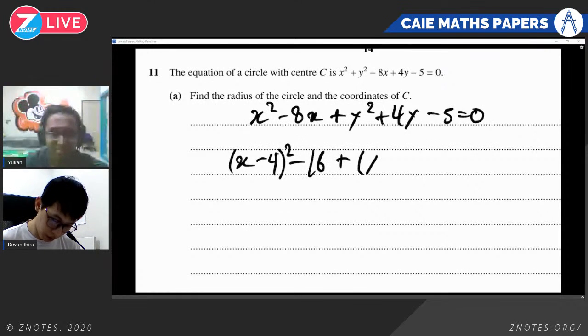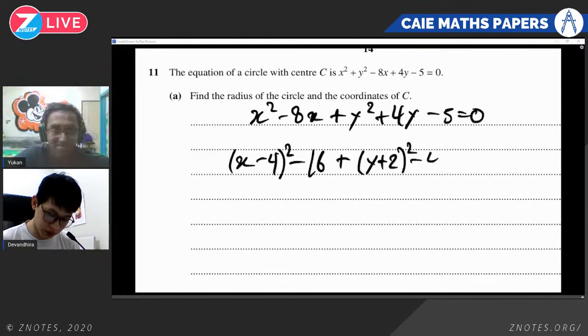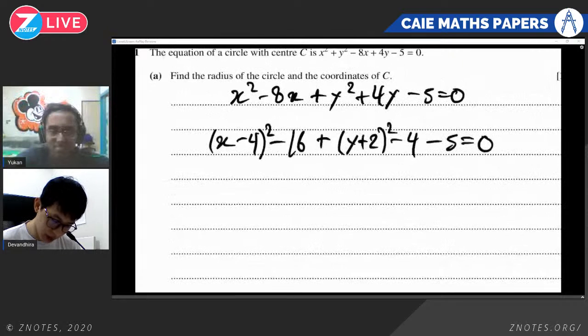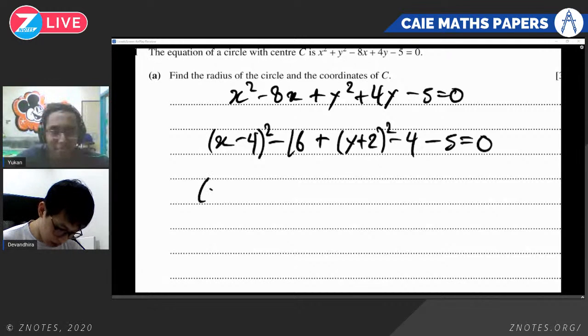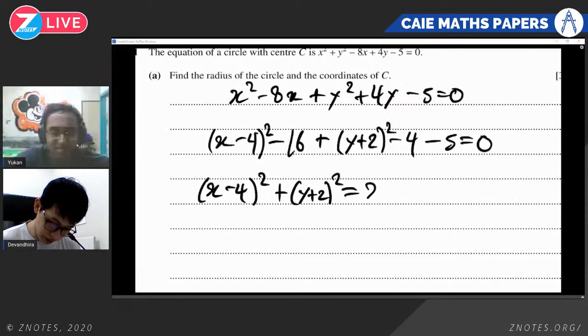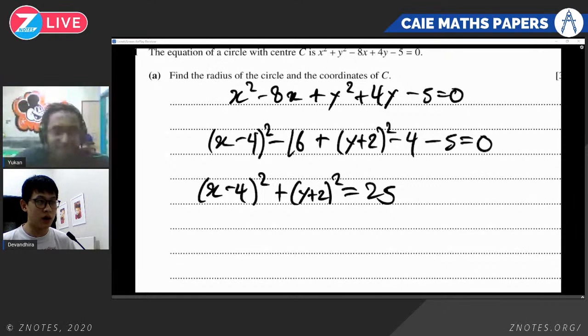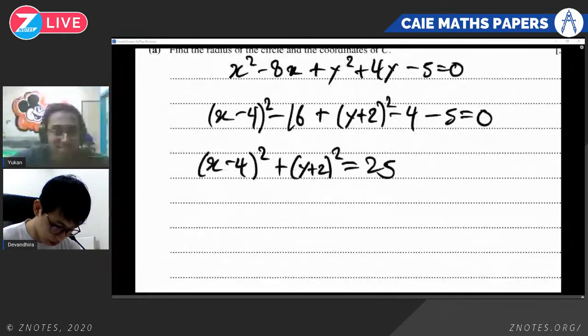We have y plus 2, because it's 4 divided by 2, minus 2 squared, which is 4. Minus 5. And we just have to move all the constants to the other side. So we have x minus 4 squared plus y plus 2 squared equals 25. 16 plus 4 plus 5 is 25, right? Yep.